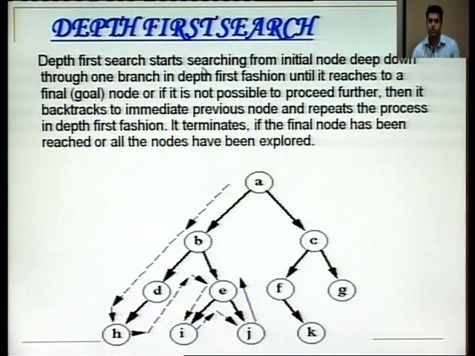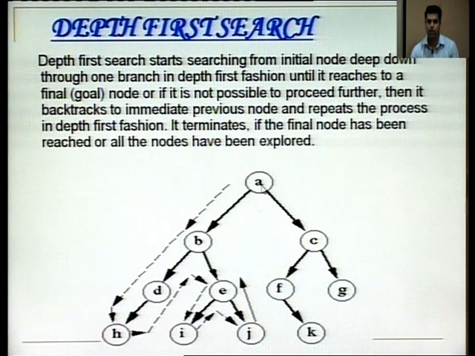Depth first search starts searching from the initial node, deep down through one branch in depth first fashion, until it reaches a final goal or node, or if it is not possible to proceed further, then it backtracks to the immediate previous node and repeats the process in depth first fashion. It terminates if the final node has been reached or all the nodes have been visited.